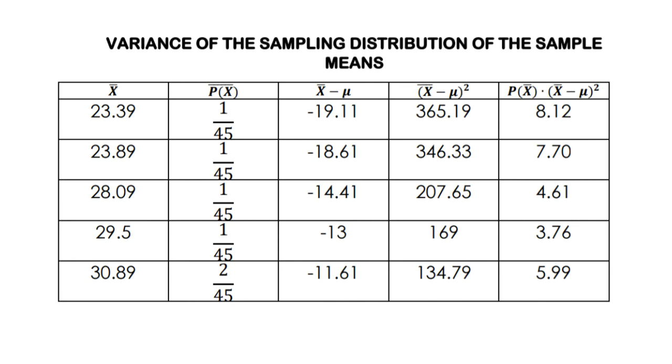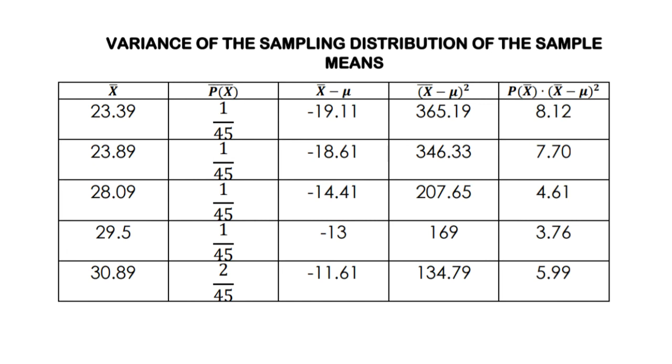Ganun lang din dito sa second one. So 23.89 minus 42.5 is equals to negative 18.61. Negative 18.61 squared is equals to 346.33. So 346.33 divided by 1/45 is equals to 7.70.